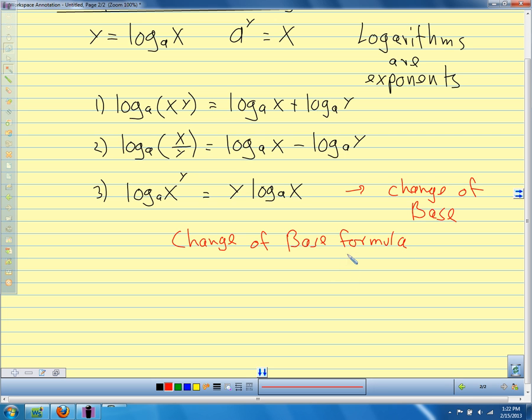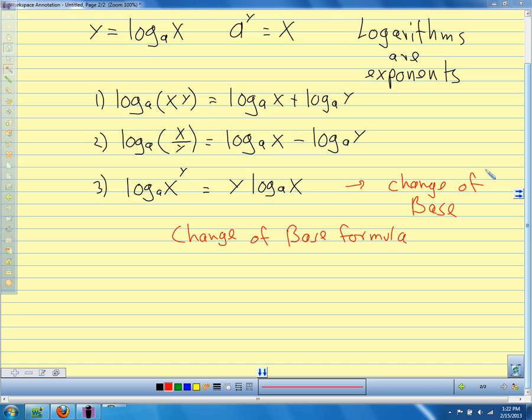Listen up guys, got a little bit to go yet, stick with me. We're going to say that y equals log base a of x. We need to change this logarithm. We need to do the change of base formula.